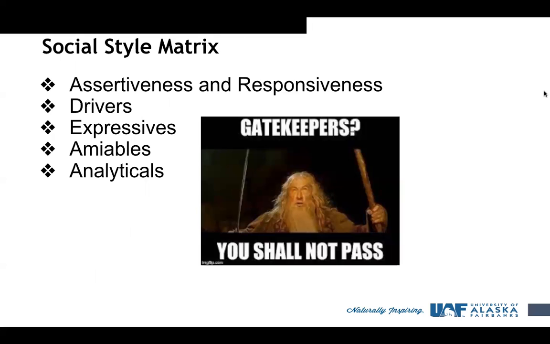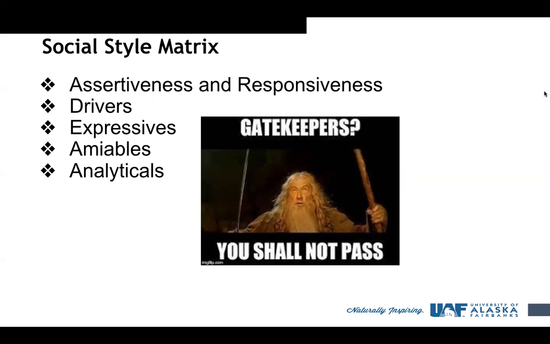So we briefly mentioned this at the beginning, the social style matrix. This is something that I'm going to have you do this week. The matrix does a really good job of talking about the relationship between people being assertive and also being responsive.